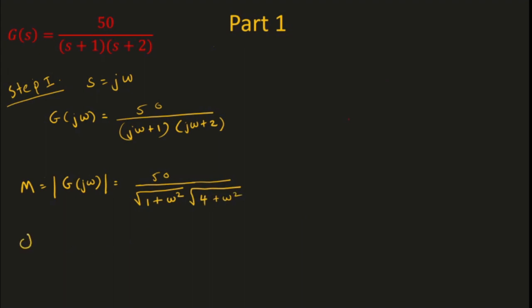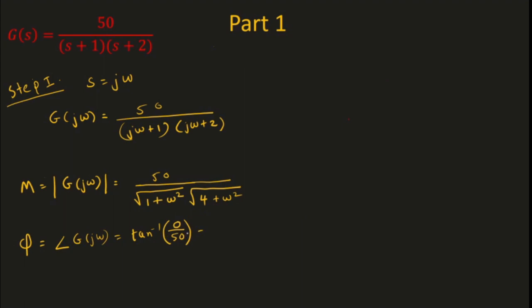Similarly, I can calculate the phase of this transfer function g of j omega. For a complex number a plus bj, its phase is calculated by tan inverse of b by a. A complex number is nothing but a vector quantity, and we are putting it into polar form. So similarly, this can be calculated as tan inverse of the imaginary part of the numerator, that is 0, divided by the real part, that is 50. Division in the complex domain becomes subtraction in polar form.